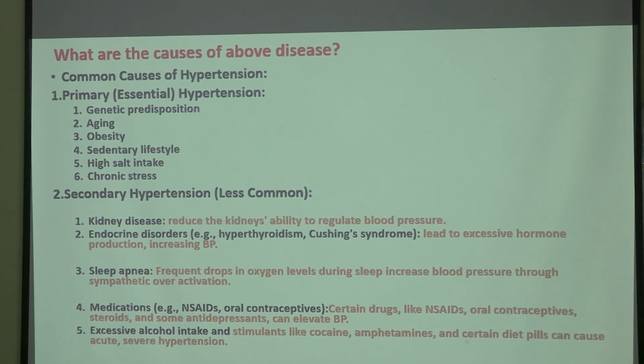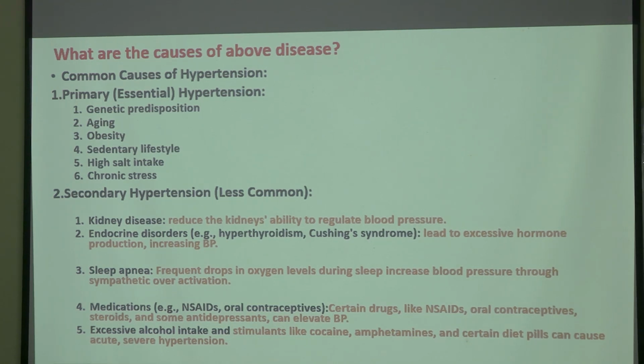Not only this, if you see the causes of the development of this disease, some comorbidities are also equally important. Like if there is a kidney disease, reduced kidney ability to regulate blood pressure. Obviously, due to renal dysfunction, there is a loss of regulation of blood pressure, right? As well as there are certain types of hormones, so-called endocrine hormones.